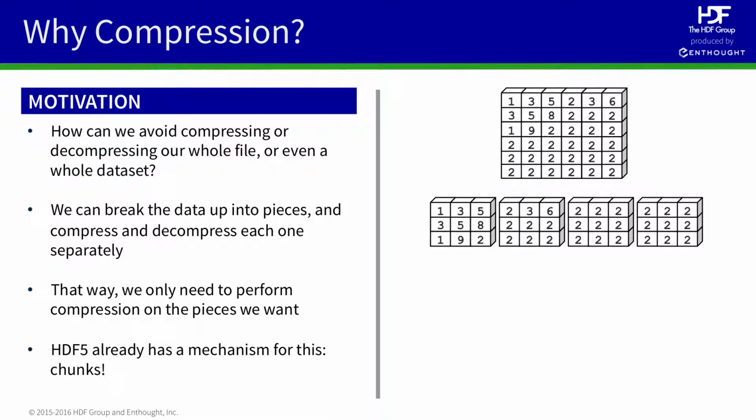A solution that comes to mind is to divide the dataset into pieces, and then compress and decompress each one individually. That way, we only need to do compression or decompression on a piece of the dataset we're accessing. Of course, HDF5 already has a built-in mechanism for this, in the form of chunks.